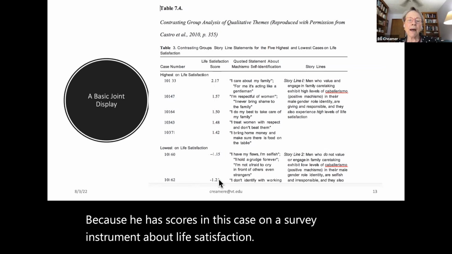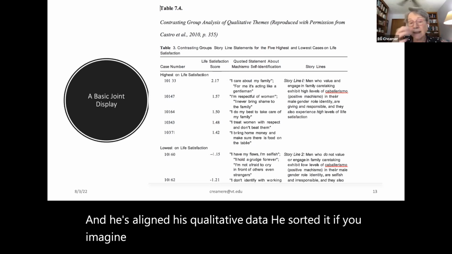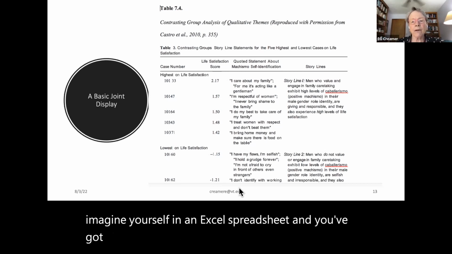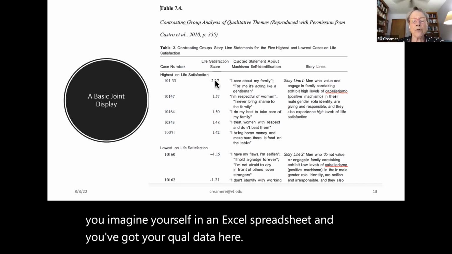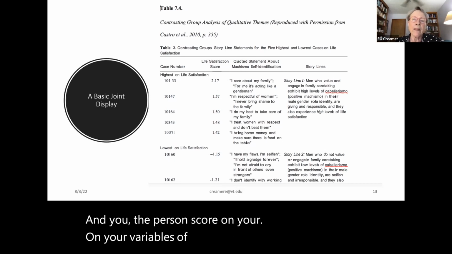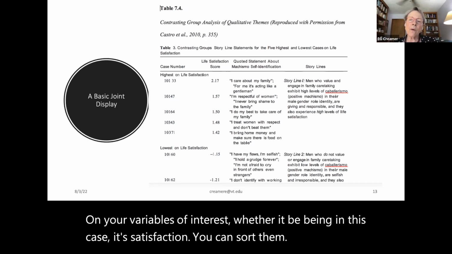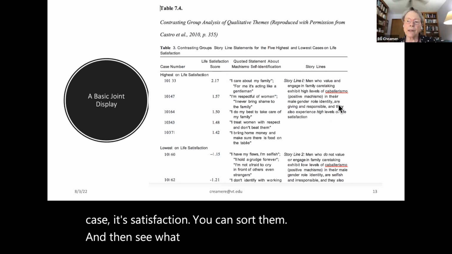And he's aligned his qualitative data, he sorted it. If you imagine yourself in an Excel spreadsheet and you've got your qual data here, and you know the person's score on your variables of interest, whether it be well-being, in this case it's satisfaction, you can sort them and then see what patterns you see.